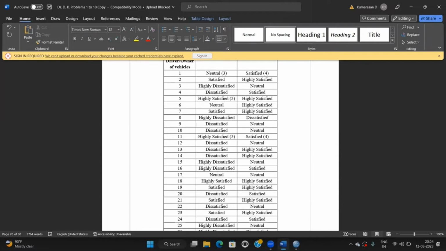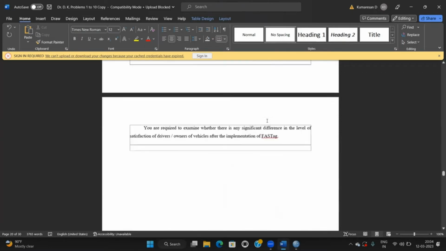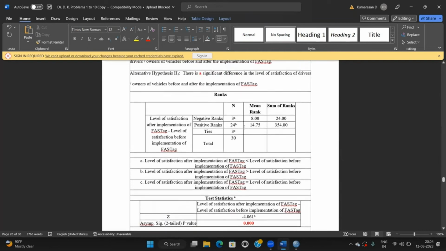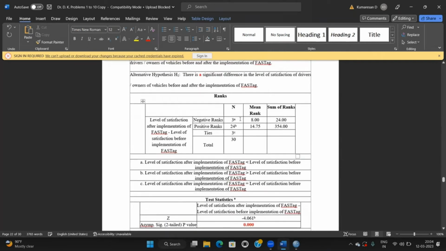After implementation also, highly satisfied, 5. So both are equal. Equal means tied rank. So here, the number of negative ranks is 3, the number of positive ranks is 24, and the number of tied ranks is 3.